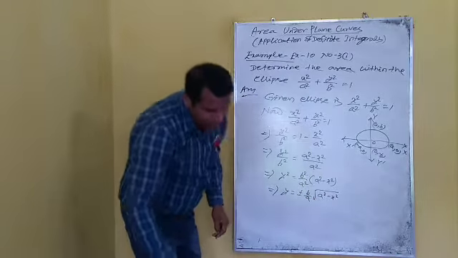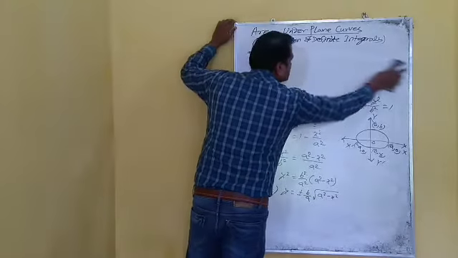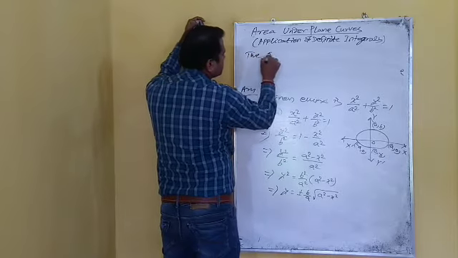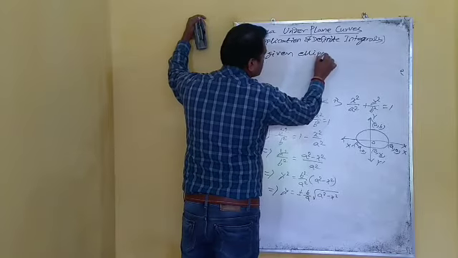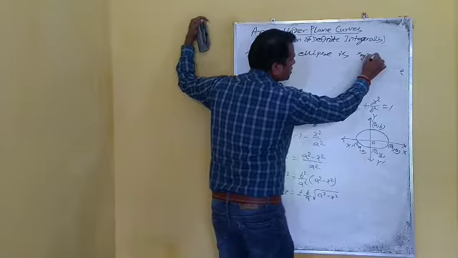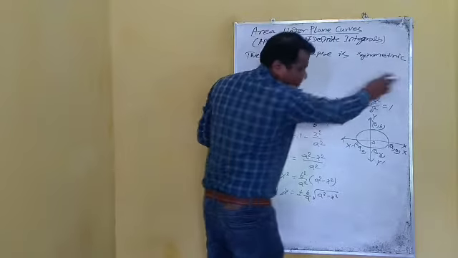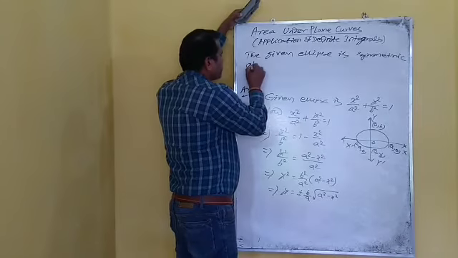The given ellipse is symmetric about both coordinate axes.